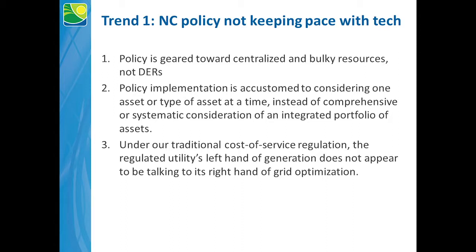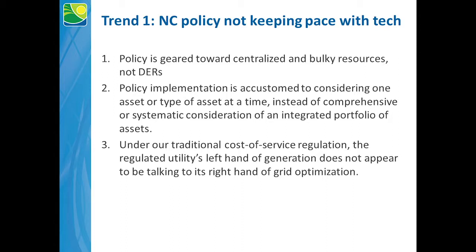Should we build this natural gas plant? Should we build this gas peaker plant? Should we build another coal unit? Should we build a pipeline? So on and so forth. Instead of standing back, we don't have tools in the toolkit right now, either at the utility with integrated distribution planning or in the regulatory practice, to really look systemically at these resources.